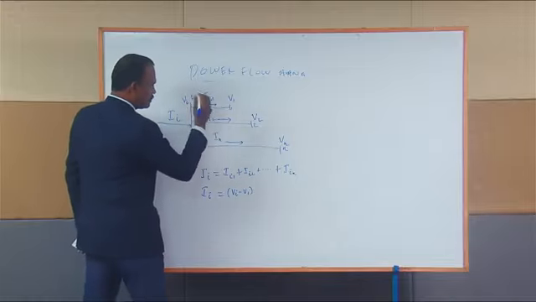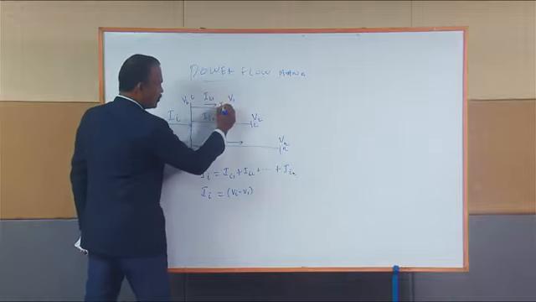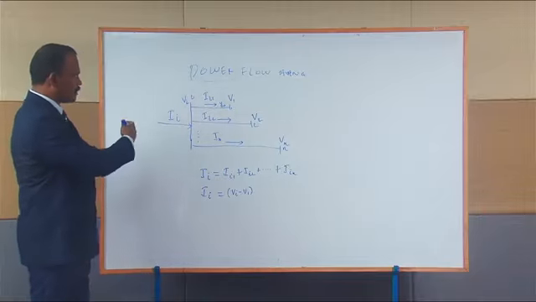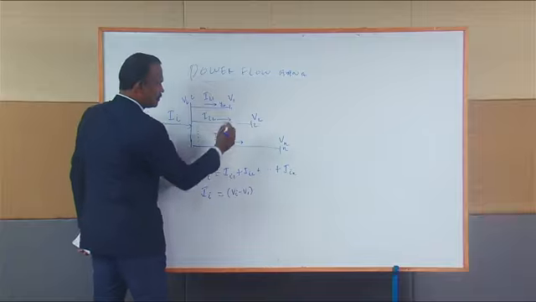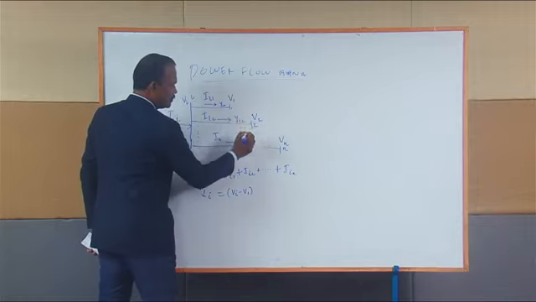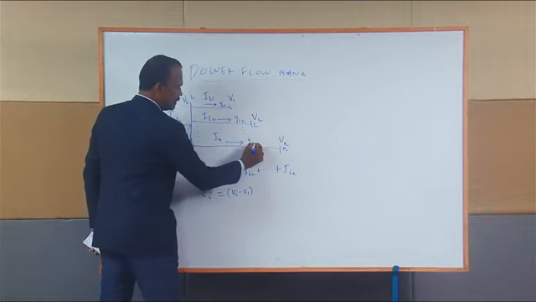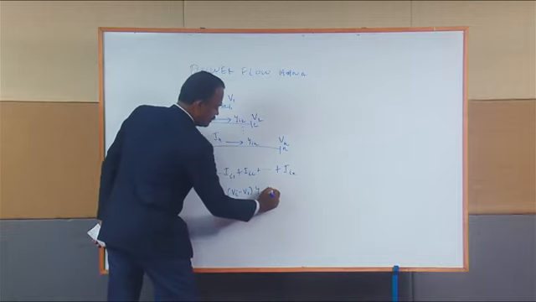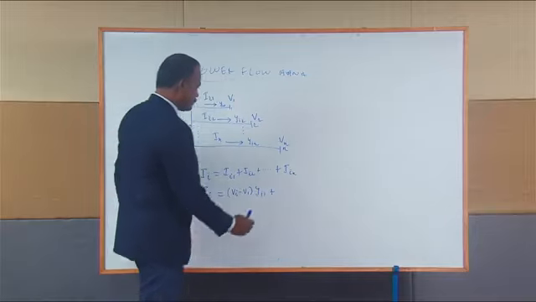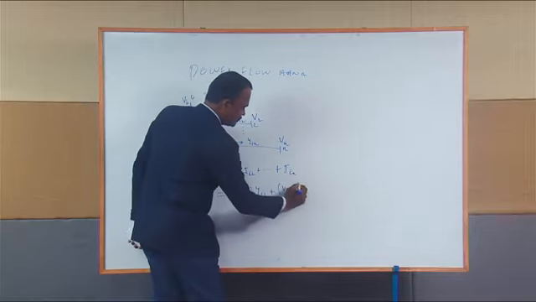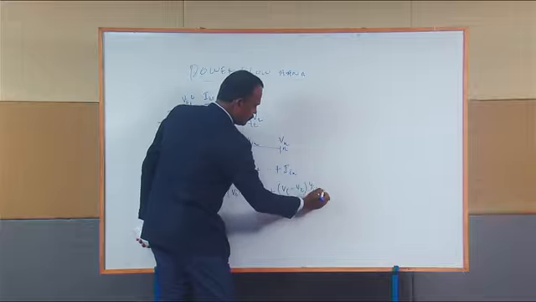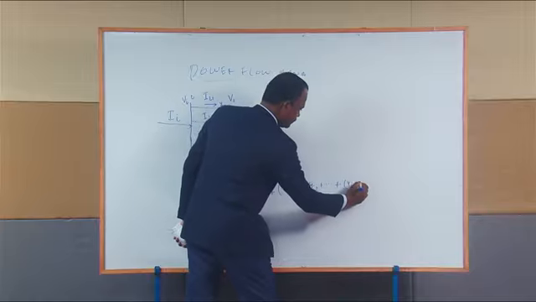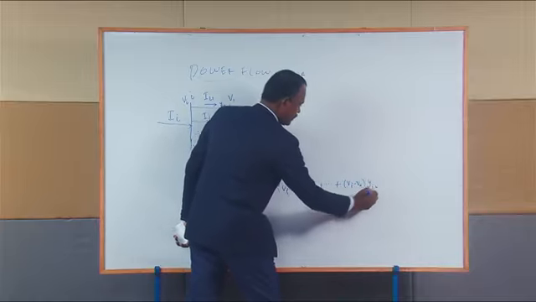Let yi1 be the admittance between bus i and bus 1, similarly yi2, up to yin. Then Ii is equal to (Vi minus V1) yi1, plus (Vi minus V2) yi2, up to the nth bus, (Vi minus Vn) yin.